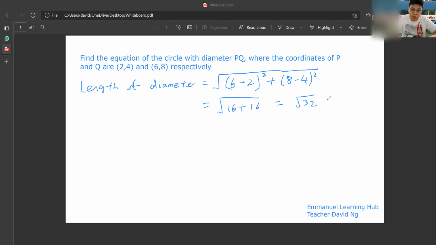So square root of 32 is 4 root 2. So that's the length of the diameter. So the length of the radius will be 2 root 2. Okay, that's the length of the radius. Then the midpoint will be the center of the circle, right?